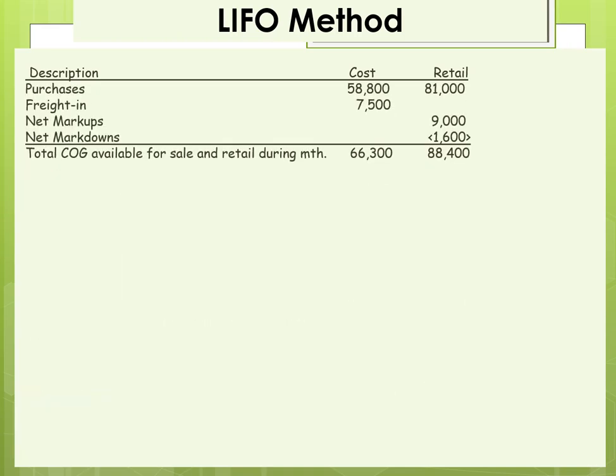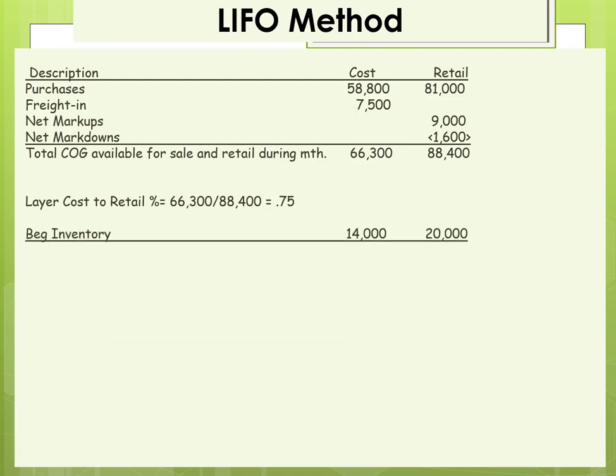We're going to take our purchases. You'll notice we're not including our beginning inventory to get our total cost of goods available for sale at retail. And we're going to come up with 75% for that layer, and for our beginning inventory, we're going to come up with 70%.